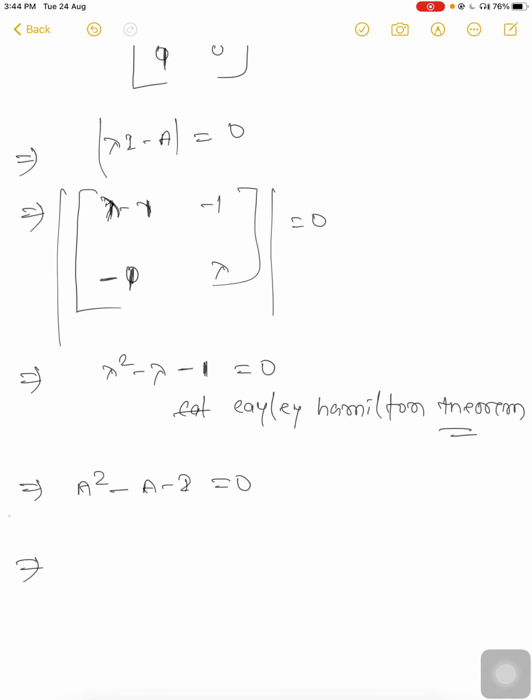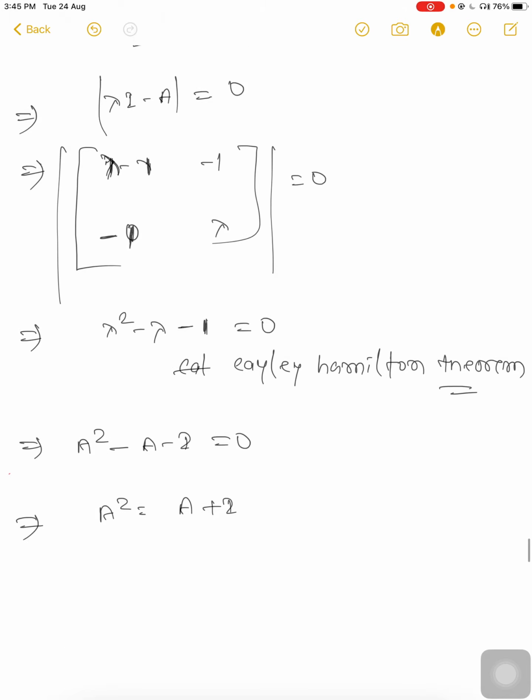And from here, take it, A square equal to A plus I.